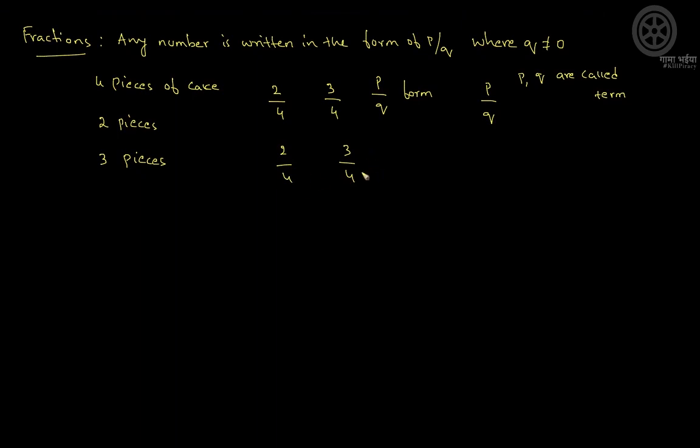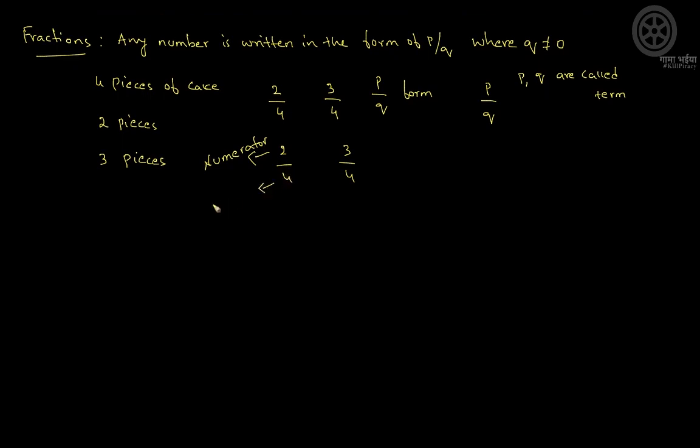The upper part is called the numerator. The numerator always indicates how much part you have taken into consideration. If you have eaten 2 pieces, that is what you need to consider, and that should always be the numerator.